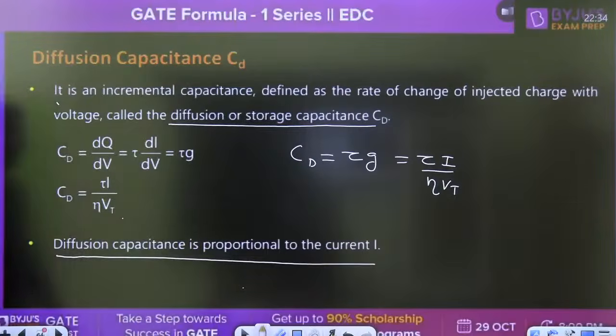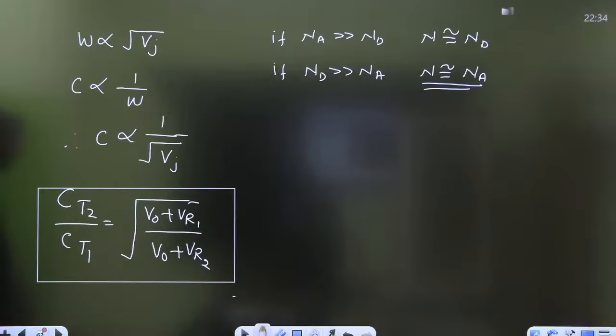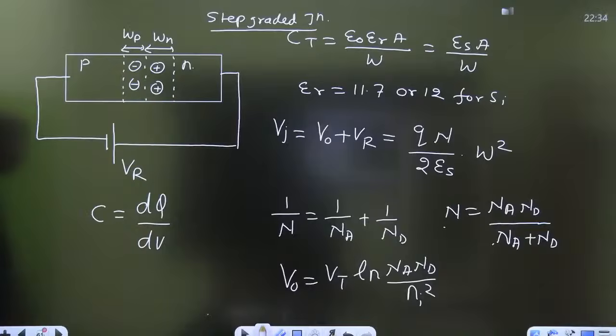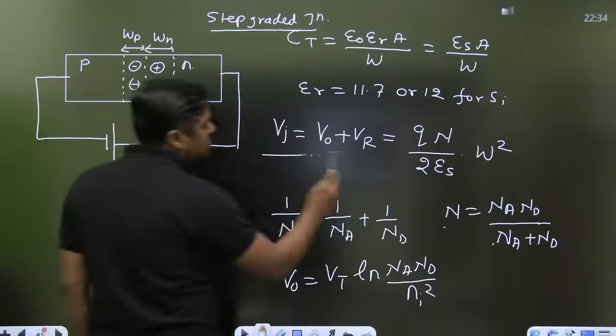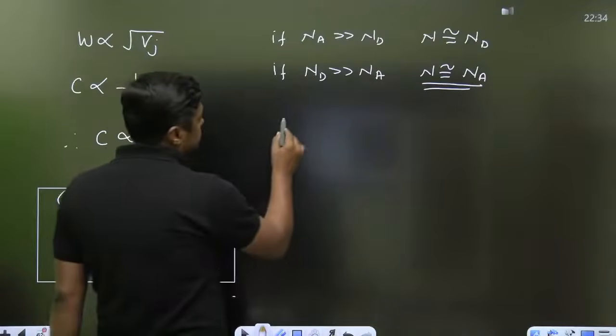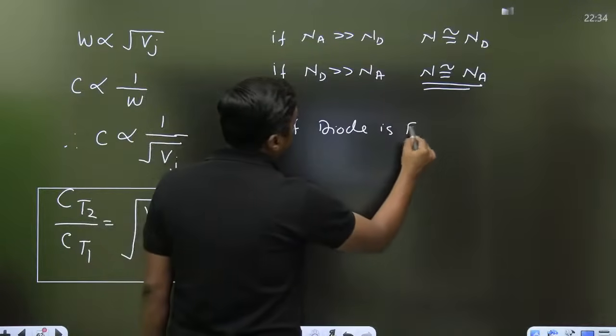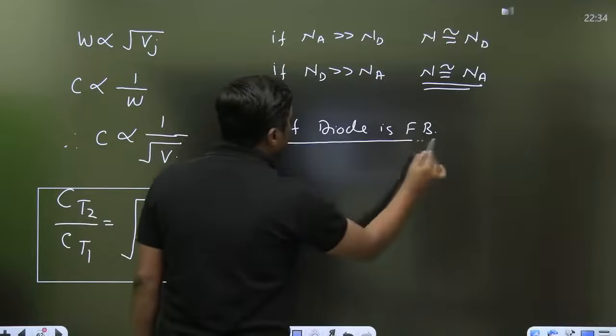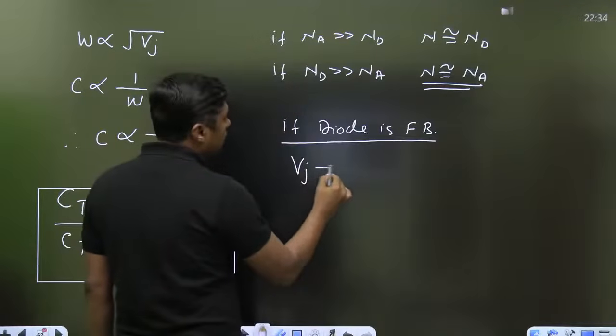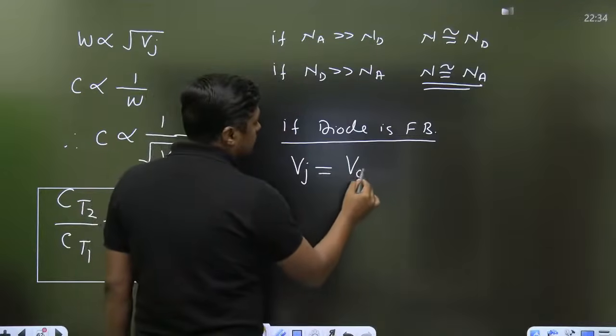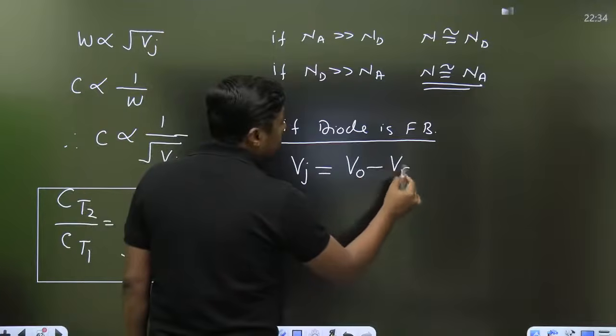Or in a previous formula, always remember, if the diode is forward biased, then the junction potential will become V0 minus Vf.